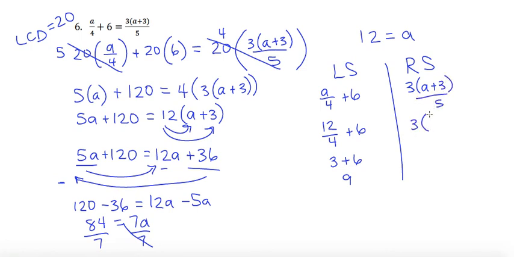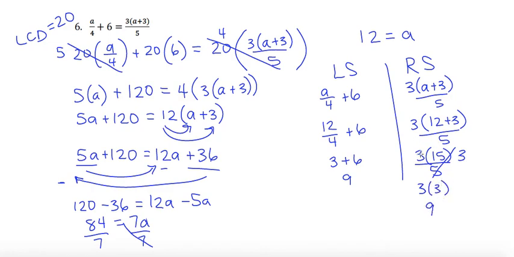Substituting in the value for a, so 12 plus 3, divided by 5. Simplifying what's inside of our brackets, 3 times 15 divided by 5. Now you may want to do some simplifying. So 15 divided by 5 is 3. So 3 times 3 gives us 9.